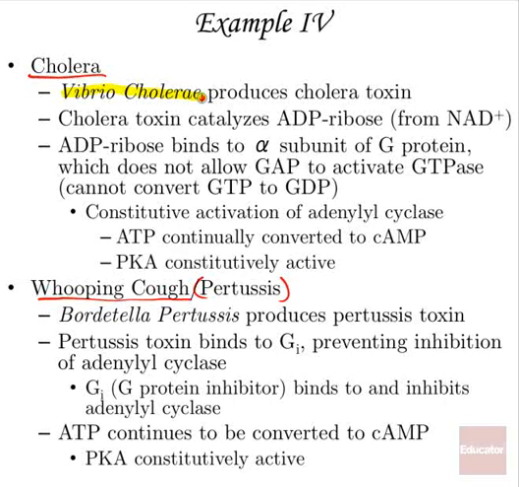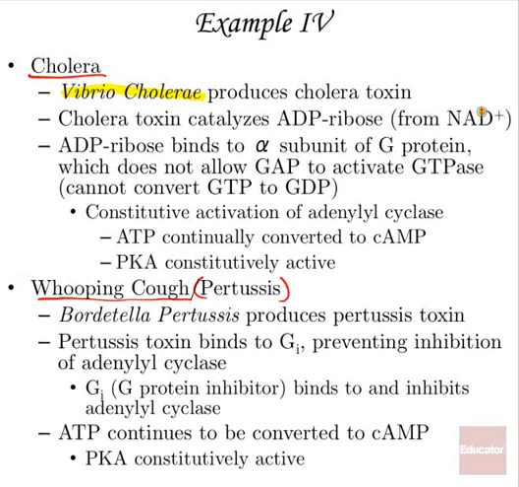So the cholera toxin catalyzes an ADP ribosylation. That's basically adding an ADP ribose group, and this happens via the use of our old friend NAD, nicotinamide adenine dinucleotide. We've talked about this one before, and it's useful in energy.